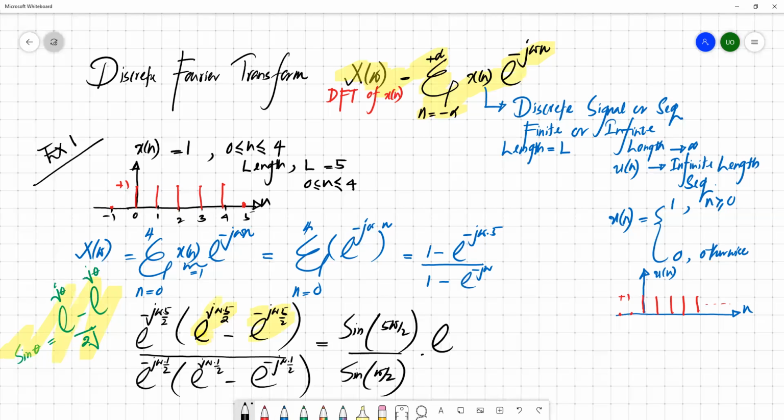Then you can bring this to the numerator, so it becomes 4 omega.